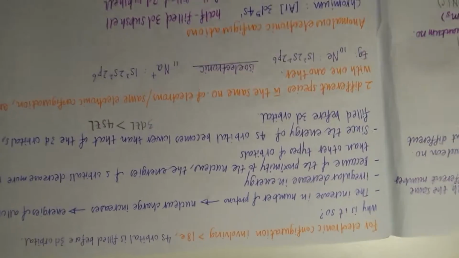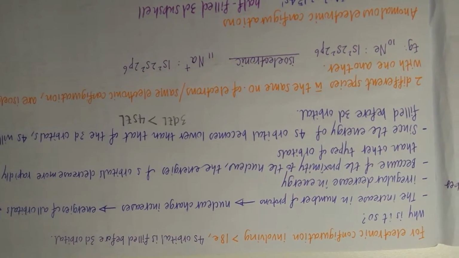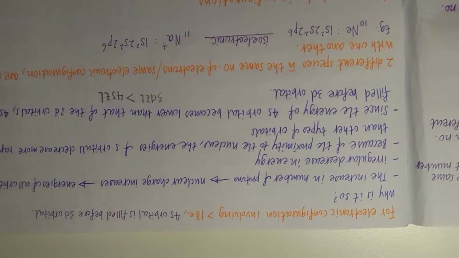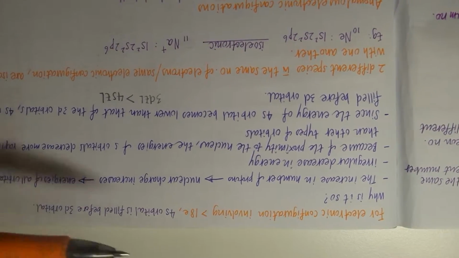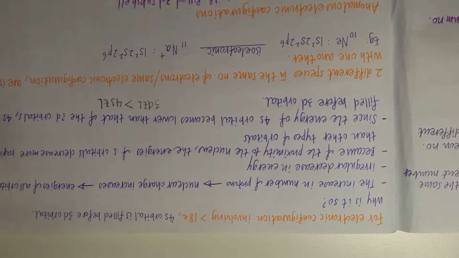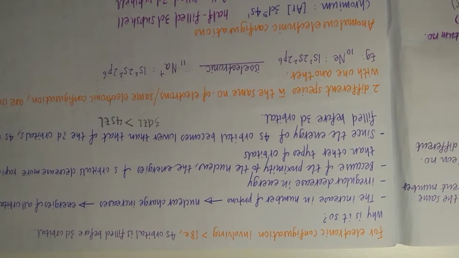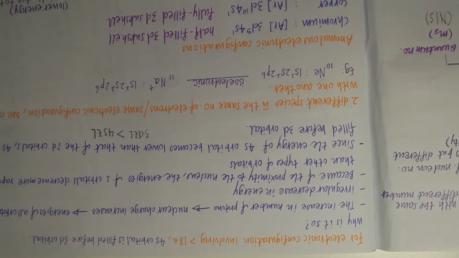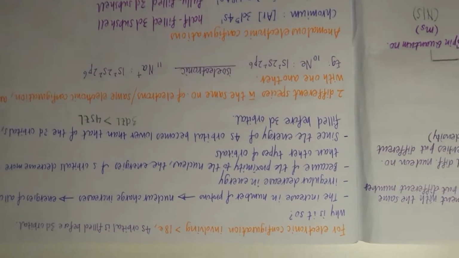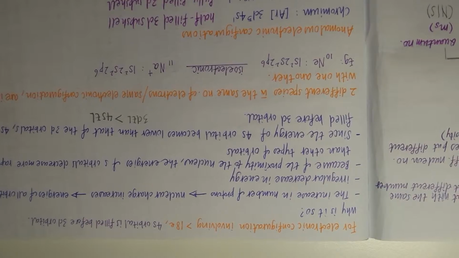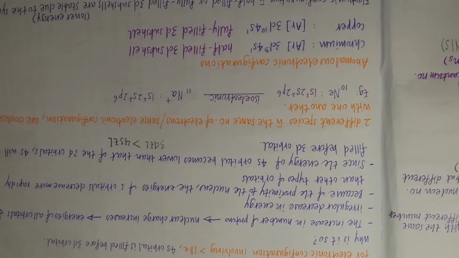However, at 3d there will be a change in energy. Because of an irregular decrease in energy with proximity to the nucleus, the energy of the 4s orbital will be lower than the 3d orbital. So the 4s orbital is filled before the 3d orbital.